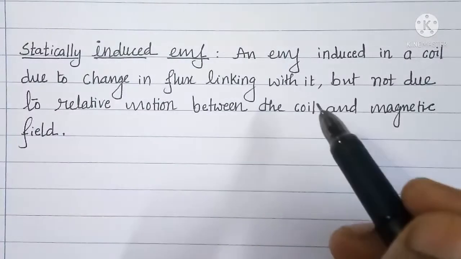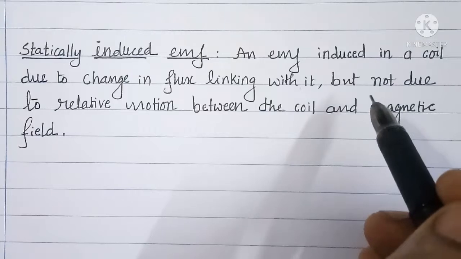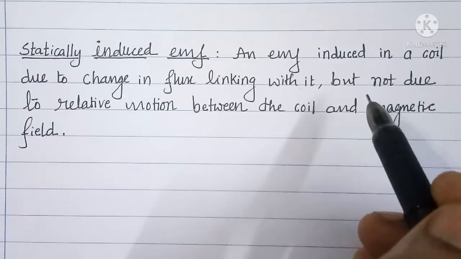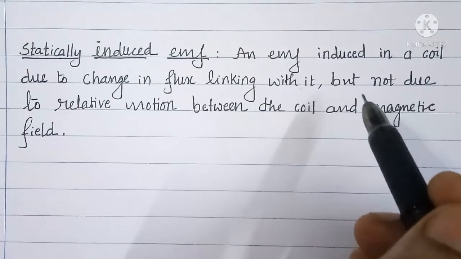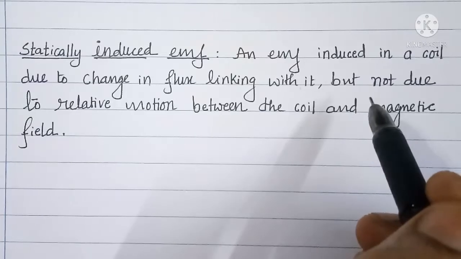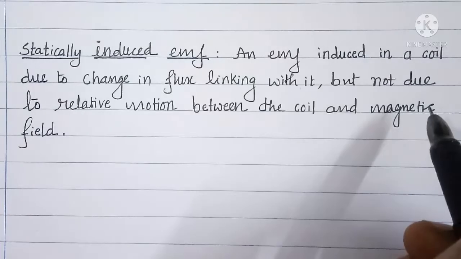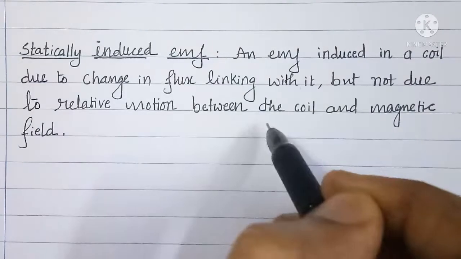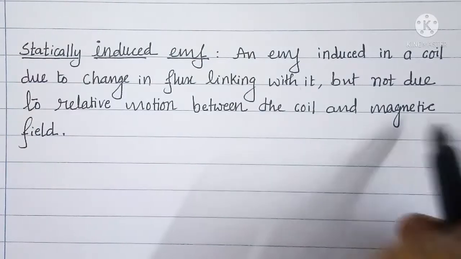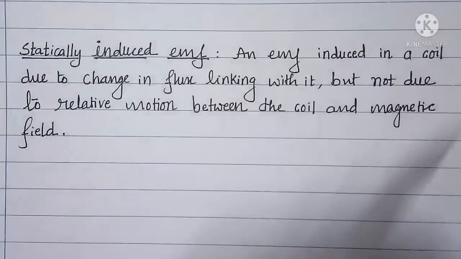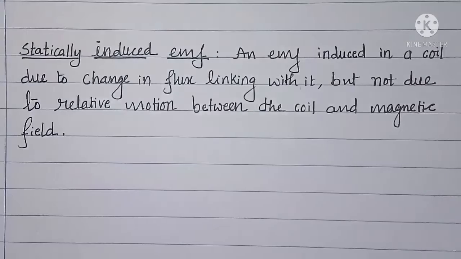So here EMF is induced in a coil due to change in flux linking with it, but that change in flux linking with the coil is not because of relative motion between the coil and magnetic field. It means that coil and magnetic field both are at rest. In statically induced EMFs we are having two types.